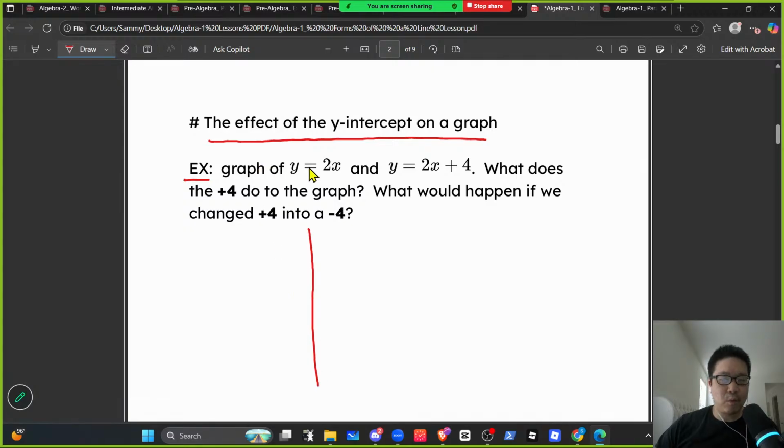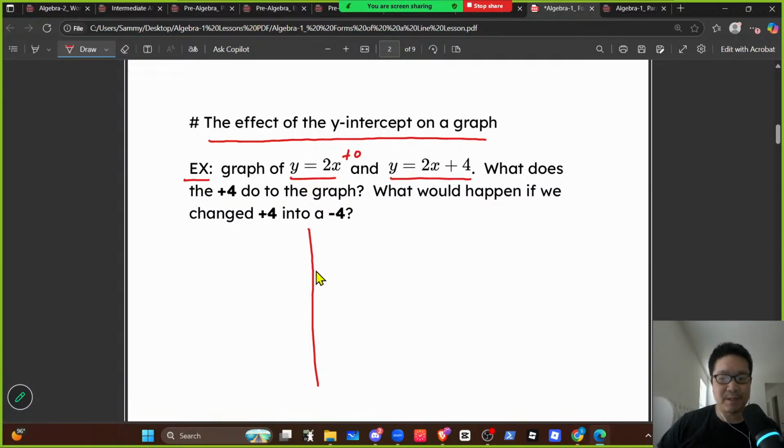It says graph y equals 2x and y equals 2x plus 4. This is the equation for a line, and it's in slope intercept form. Anytime you don't have a y-intercept, notice how there's nothing here, it's 2x, basically it's y equals 2x plus 0. So your y-intercept is 0.